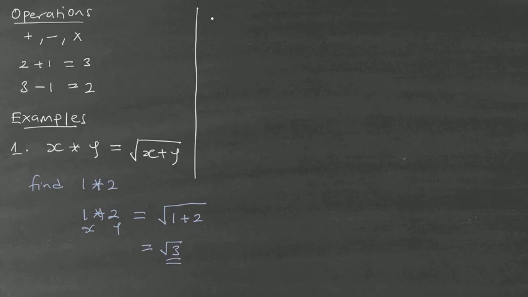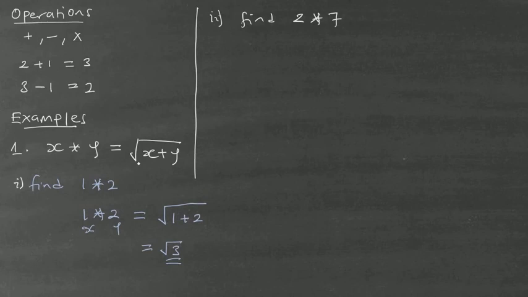Example 2. Just a continued example of this. Let me say this was Roman numeral 1, and this is Roman numeral 2. Find 2 star 7 using this very operation.